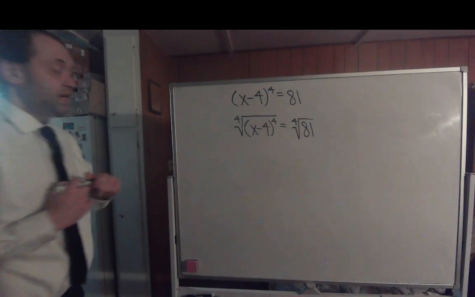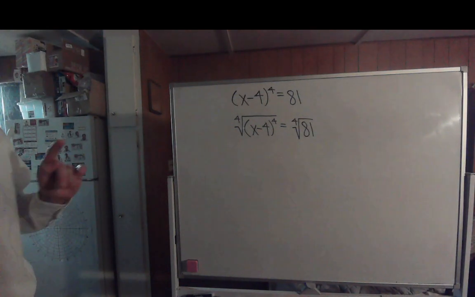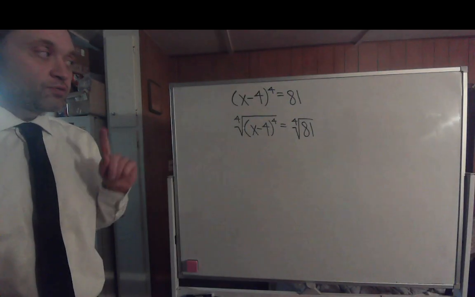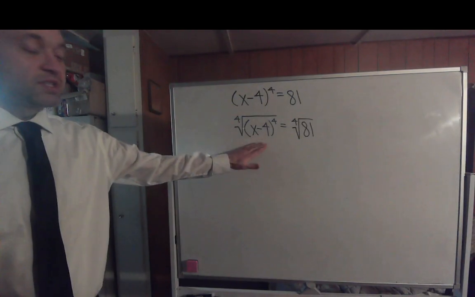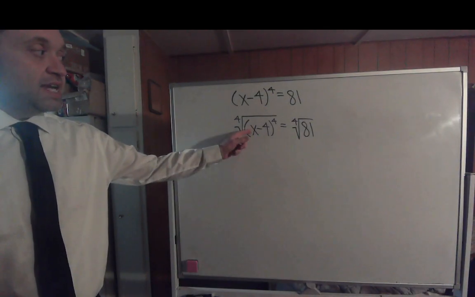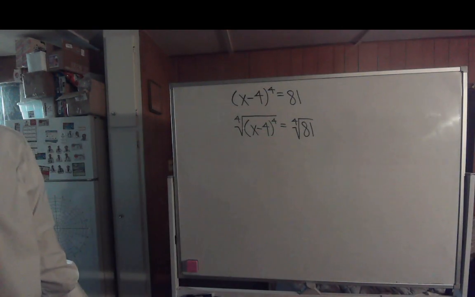Now, here's the thing. If you have any positive number under the radical, right? Let's just assume this is going to be positive, and that makes sense. If you have a negative or positive number raised to an even power, such as the fourth power, it'll always be positive, right?